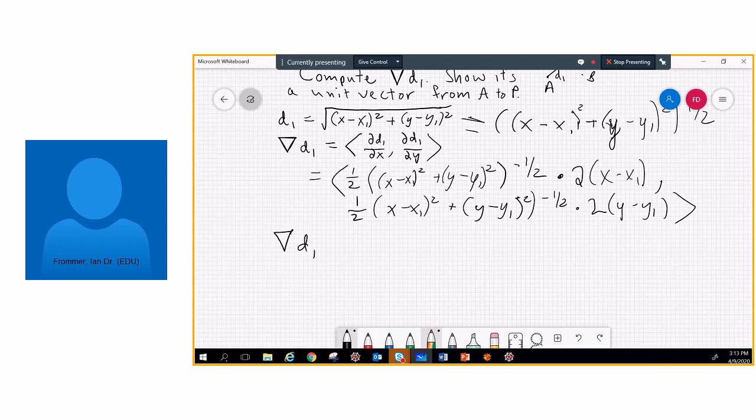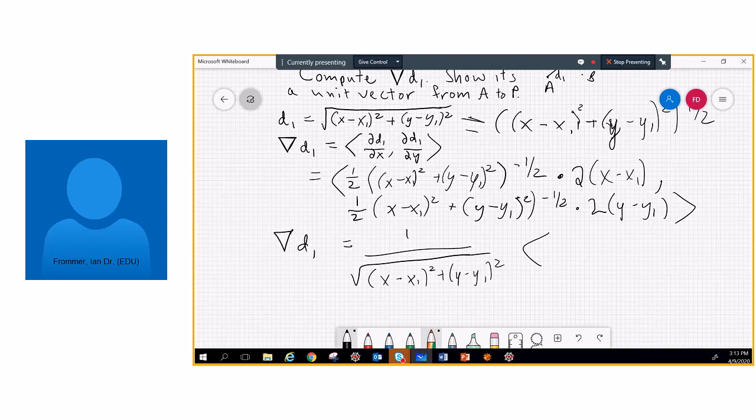What it boils down to is they both have these same terms of 1 over the square root of x minus x1 squared plus y minus y1 squared. So I'm just going to factor that out completely from the vector. See what all else happens? The 1/2 and the 2's cancel.